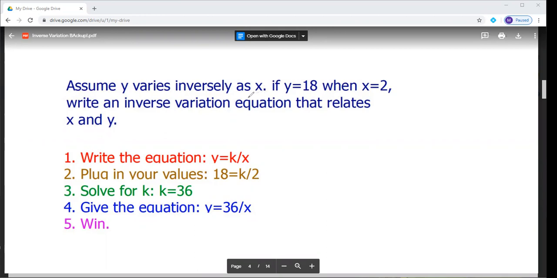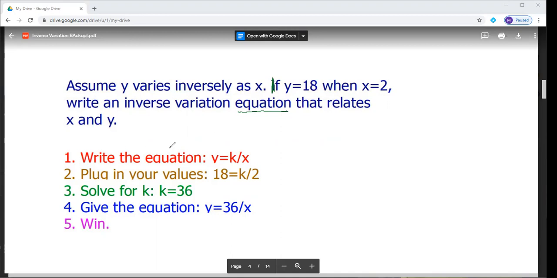The person who used to teach grammar and English in me just revolts at this phrasing, but this is how it's commonly said. If y equals 18 when x equals 2, write an inverse variation equation that relates x and y. So they're looking for an equation, a y equals something, okay?